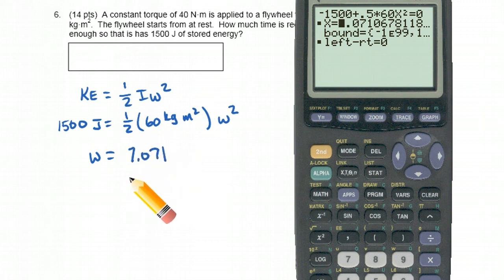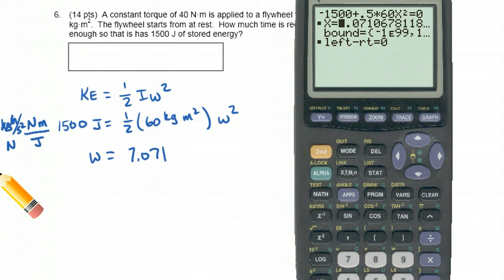7.071. Let's look at units here. A joule is the same as a Newton meter, and a Newton is the same as a kilogram meter per second squared. So we can cancel some stuff out here.